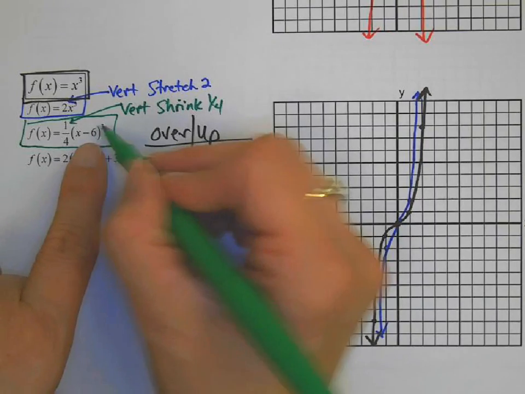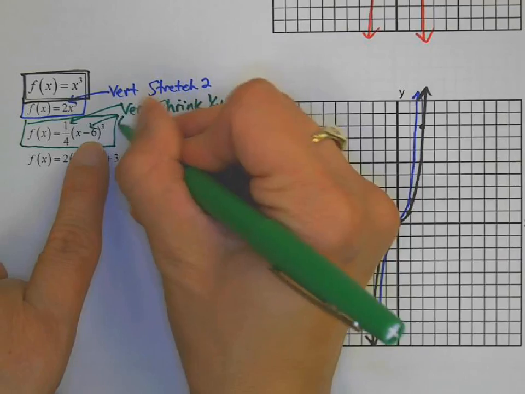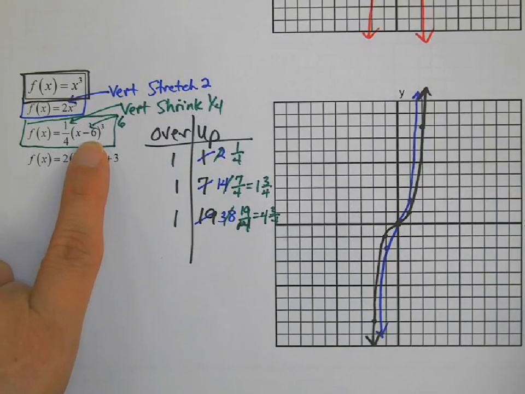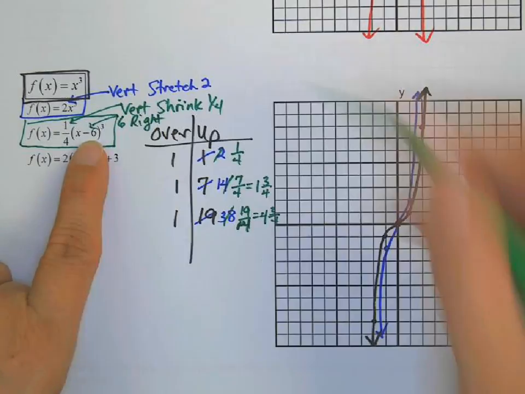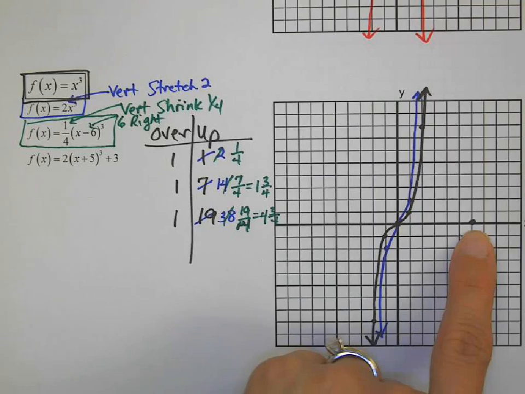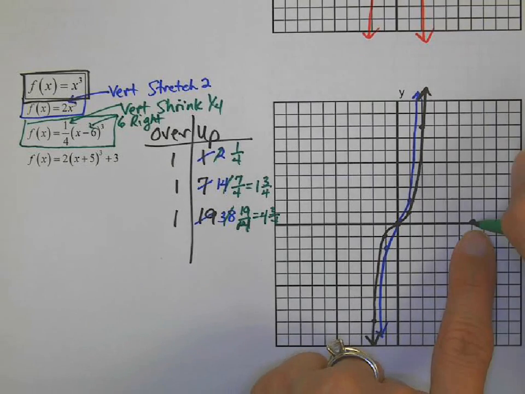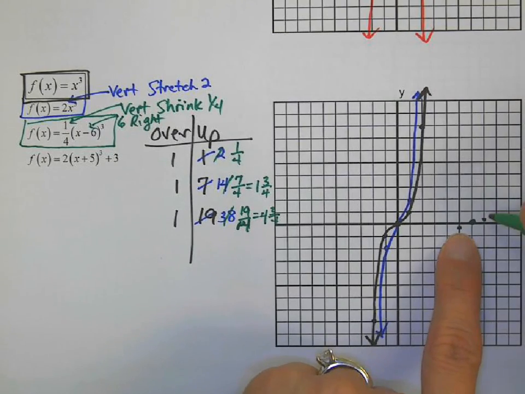Okay, oh, and there's also a 6 inside getting cubed. That 6 wants me to go 6 which way? To the right. 6 to the right. Okay, let's start 6 to the right over here. There's our starting point. We got our growth pattern. Are you ready to go? Over 1, up a 4th. Okay, as long as you're in the middle of the box somewhere. My 4th looks pretty close to my 1/2 or my 1/3.